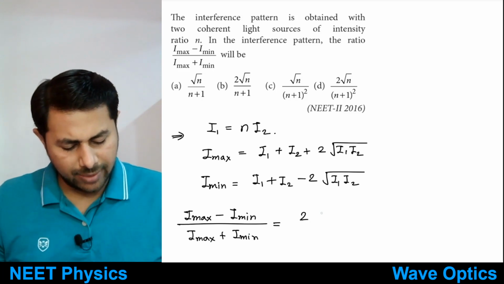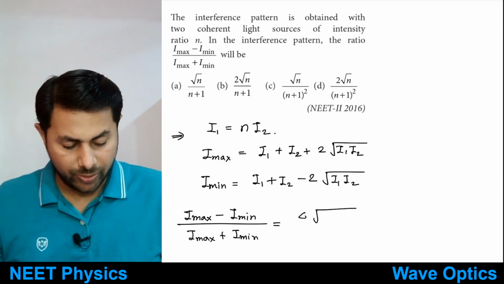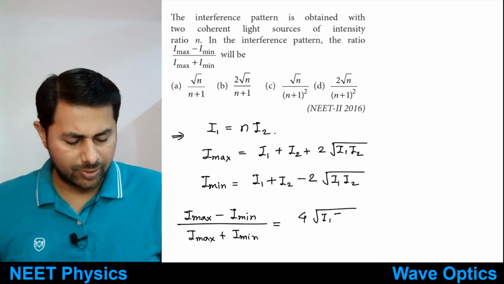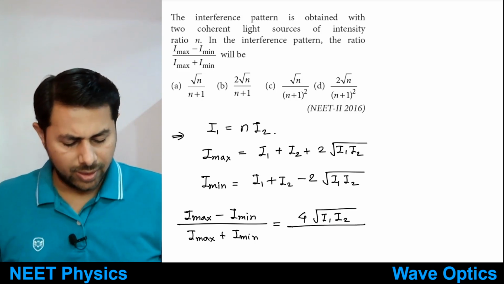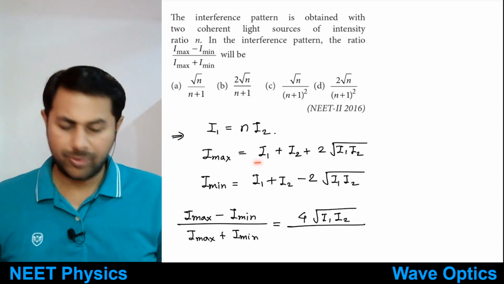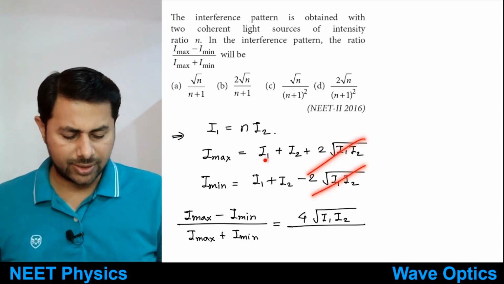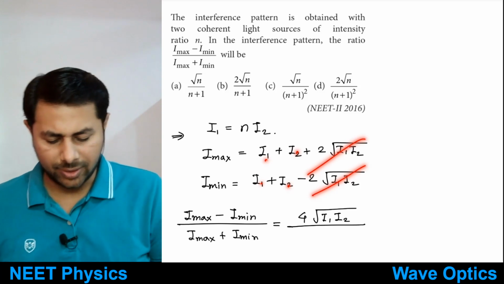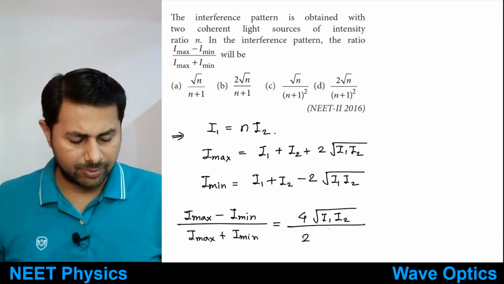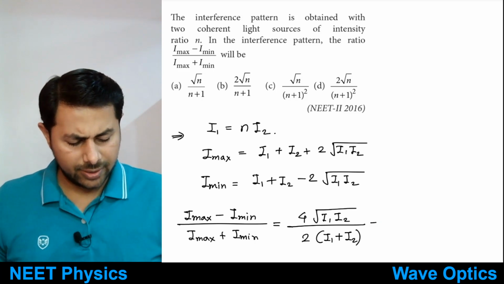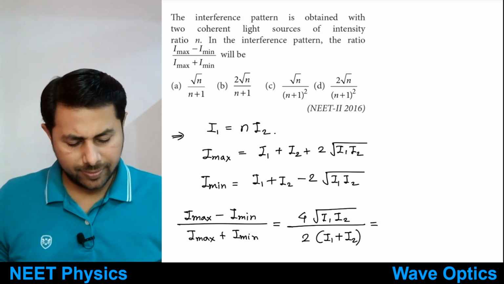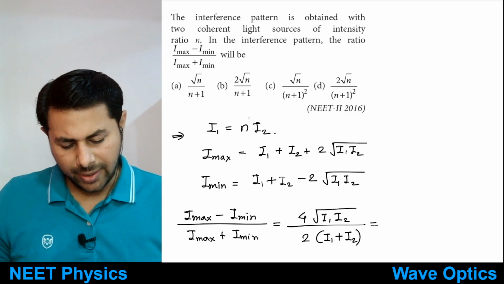It's equal to 4 times square root of I1 I2 divided by, now if you add it up, this thing will get cancelled out. So it is I1 plus I1, 2I1 plus 2I2. Okay, so 2 times I1 plus I2. Then you substitute I1 is equal to what? It's n times I2.